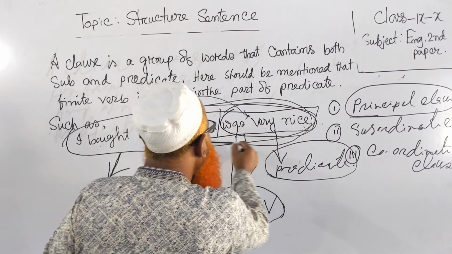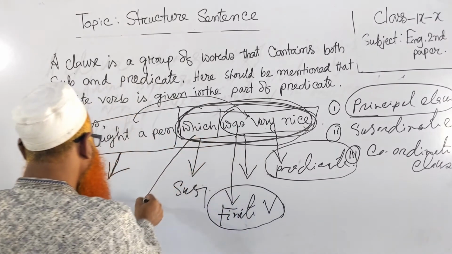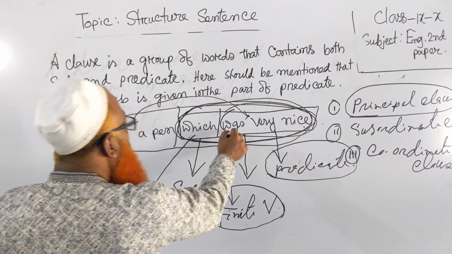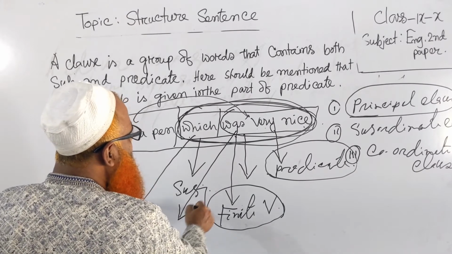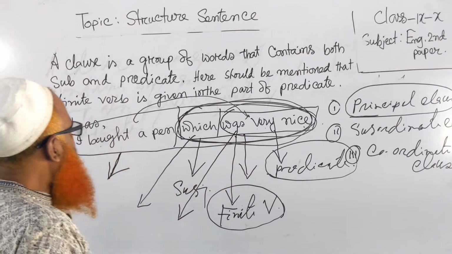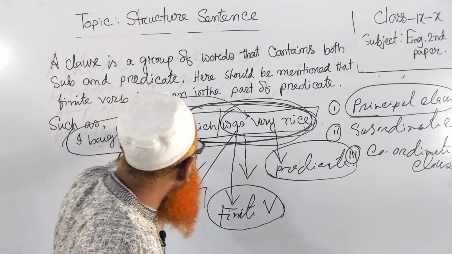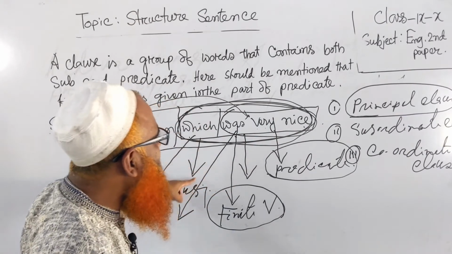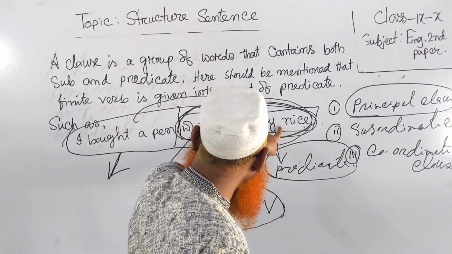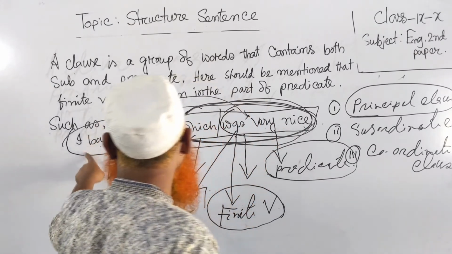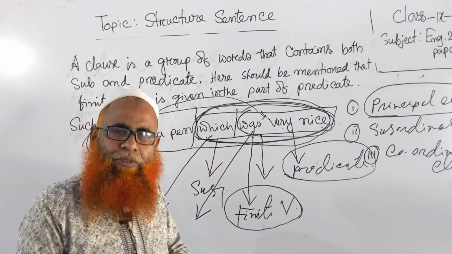Here, which was very nice: which is the subject, was is a finite verb. This group of words is a subordinate clause because which was very nice depends on I bought a pen. Can you understand? Subordinate clause.